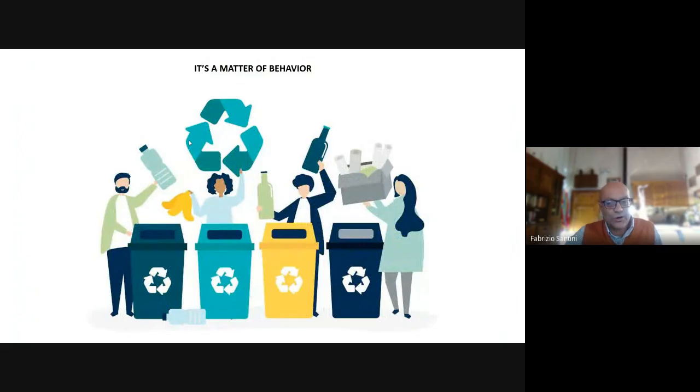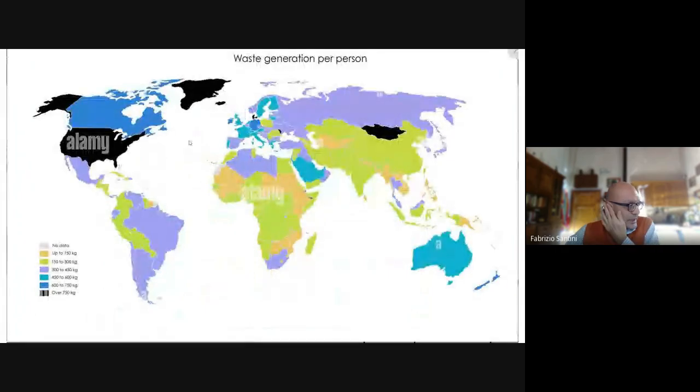So we have not to stop to make education also in the touristic sector. Here you can have other information. Where are the countries around the world that produce more waste per capita per year?